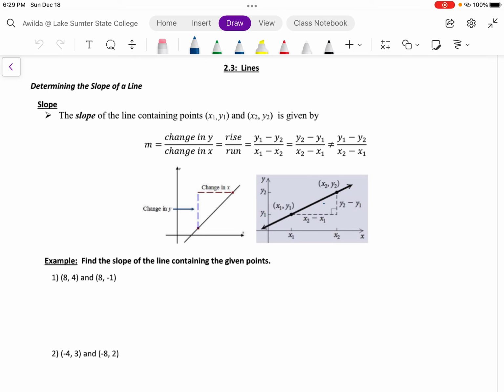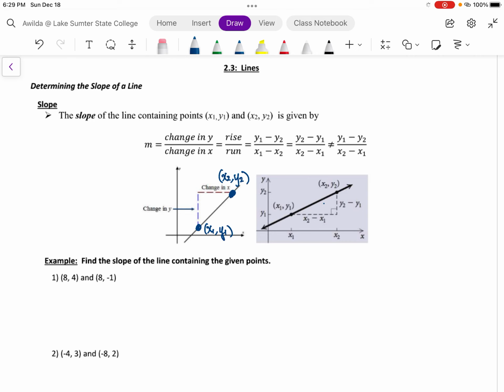Here in this diagram, we see 2 points. Let me go ahead and make them a little darker. They will have some coordinates. One will have x1 and y1 as its coordinates. The other one will have x2 and y2 as its coordinates. Remember that the subscripts are simply a way for us to keep track of which is point 1 and which is point 2.